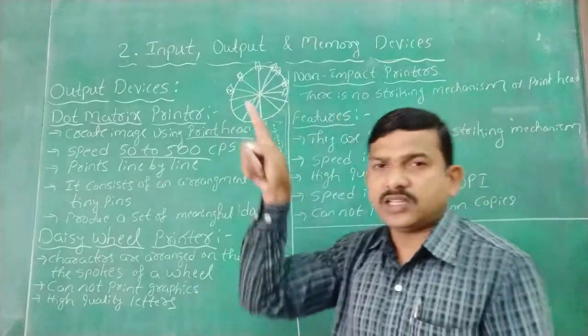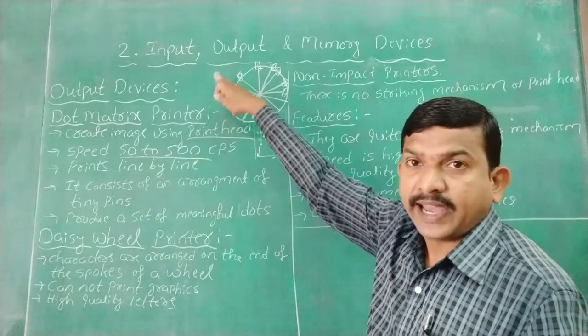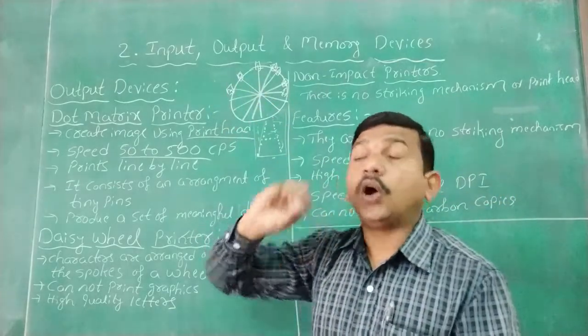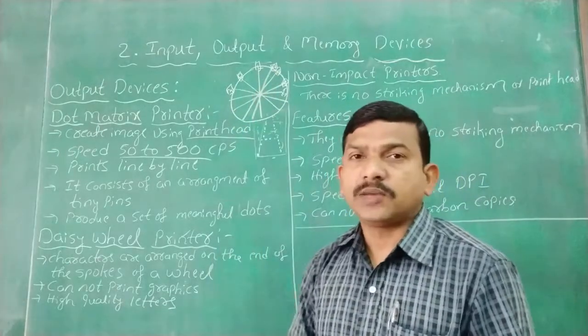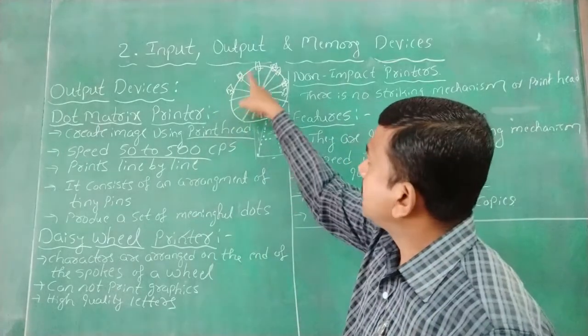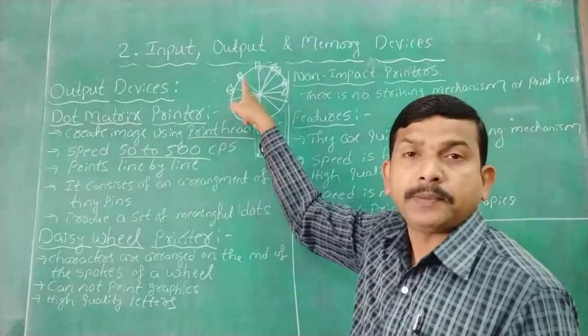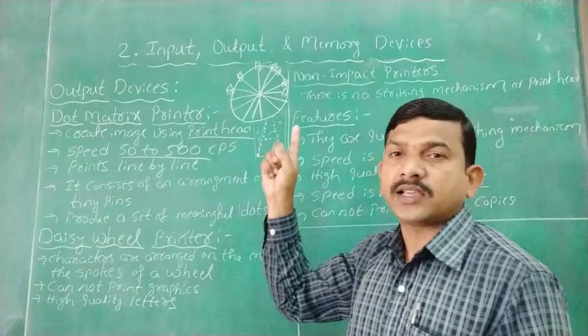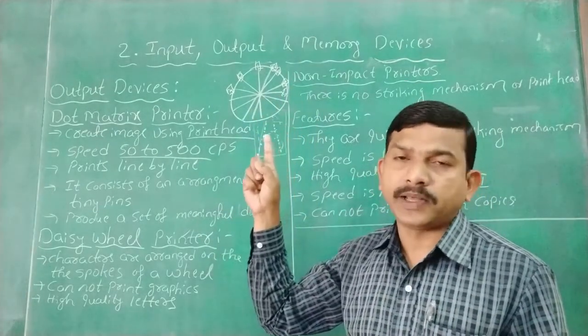Spokes are nothing but the rods. At the end of each spoke there is one letter or number. Using this, suppose I want to print A, where it is A, that will strike here. Suppose I want to print P, only that spoke will strike. I want to print 5, that spoke will strike on paper, like this.